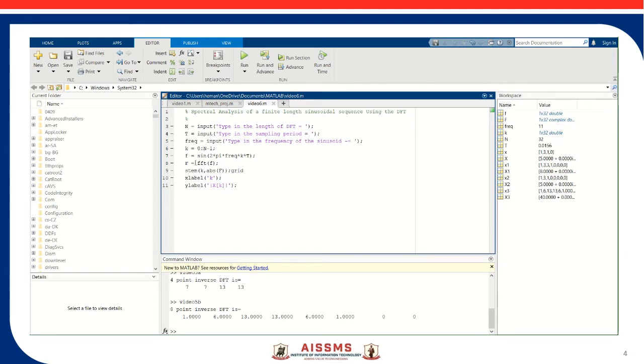Then we are defining the sinusoidal signal, that is the sampled signal, using a sine function. Then we are taking the DFT of that signal, and then we are plotting the DFT of that signal. So let us run the program.